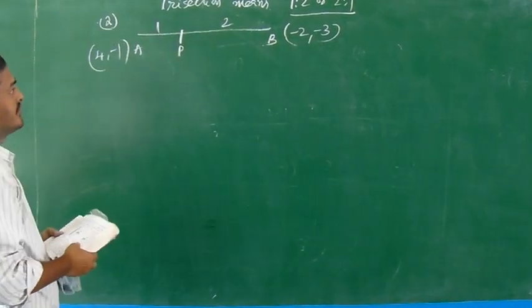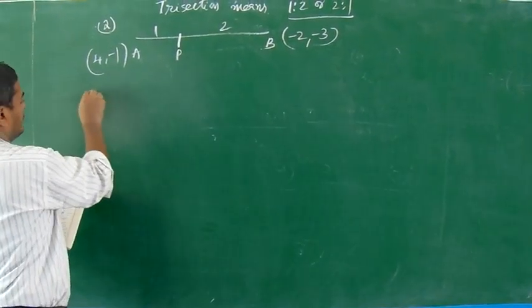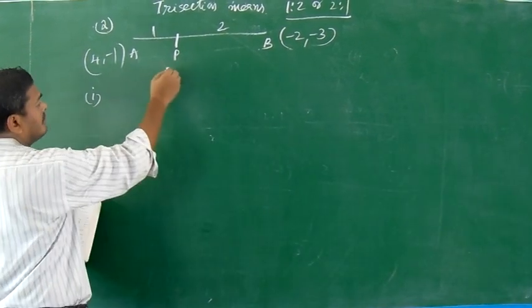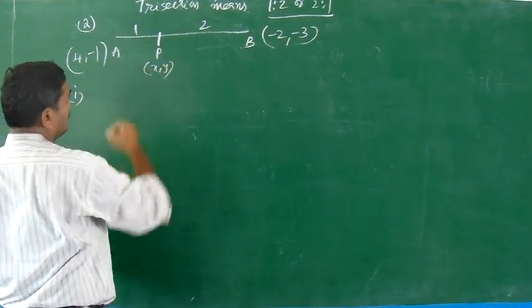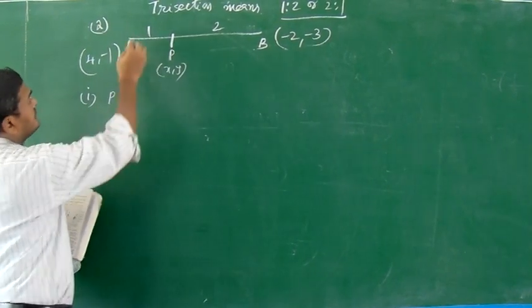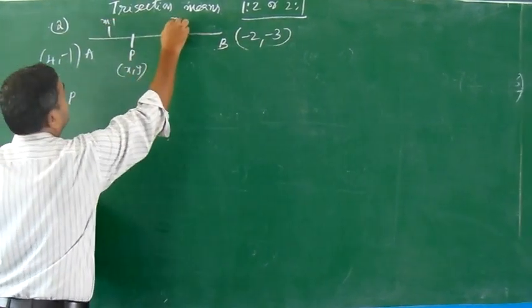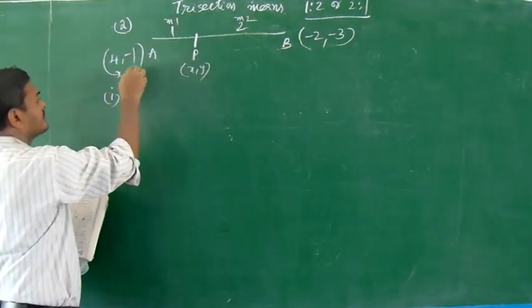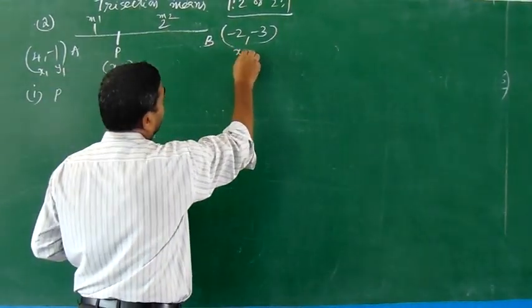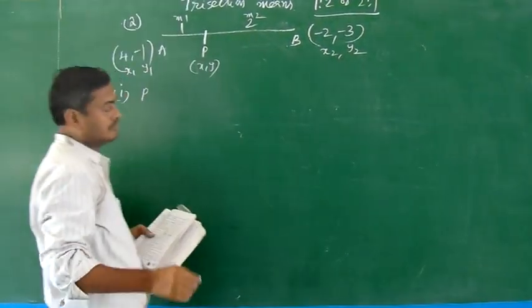Now P divides in the ratio 1:2. First case, case 1: we are going to find P(x, y). Now this is m1, this is m2, x1 y1, and here x2 y2.